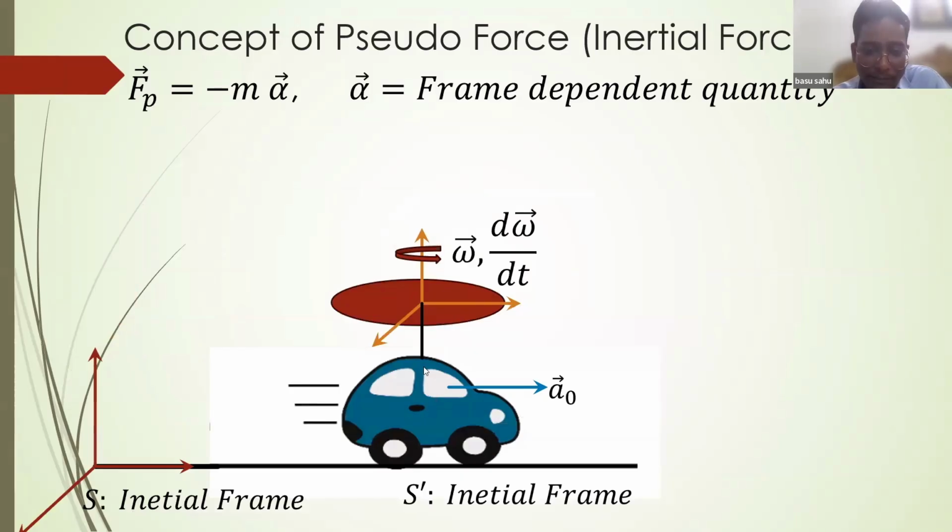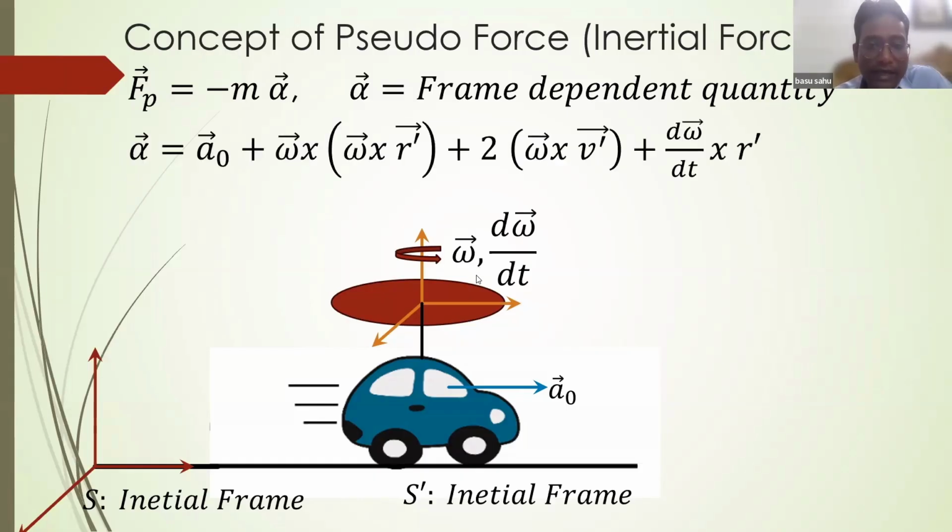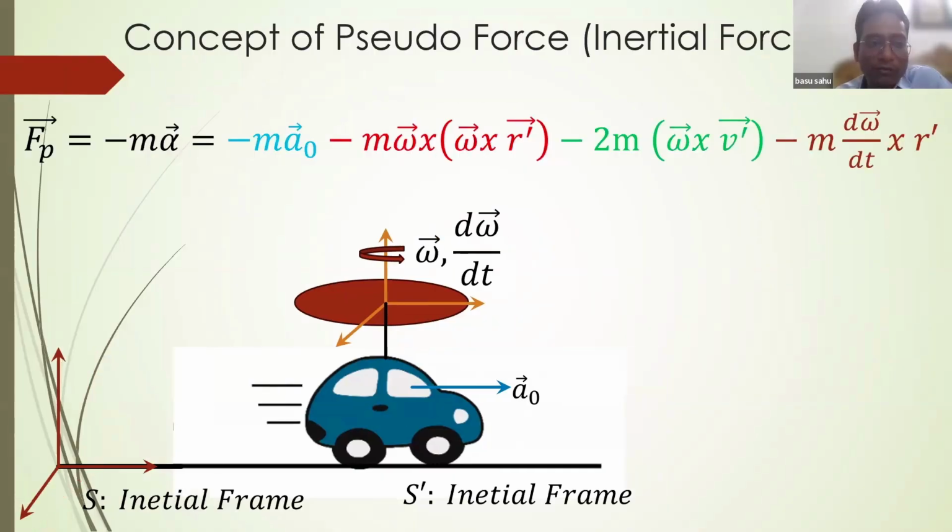If S is an inertial frame and S dash is a non-inertial frame, a car is moving with respect to A and a disk is rotating here, and you want to analyze the motion with respect to S dash, then a special pseudo force comes out, denoted by Fv equal to minus m alpha, and alpha is characterized by all these terms, and all these terms have their own meaning.